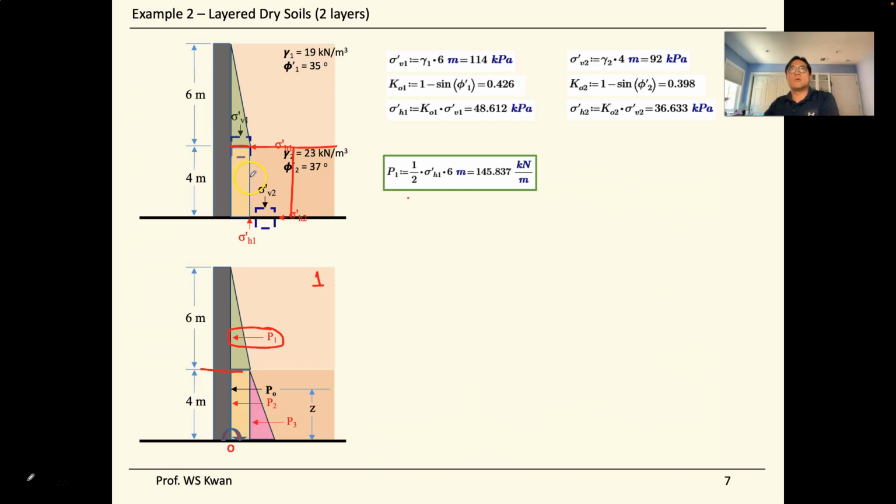Again, it's from the top layer to the lower layer. For this rectangle, the width is the horizontal stress, and the length is the height of this wall portion. So P2 equals the horizontal stress from layer 1 times the dimension of the lower portion. So we have 48.6 kilopascals times 4, and we get 194.4 as the area of this yellow rectangle, which is the P2 right here.